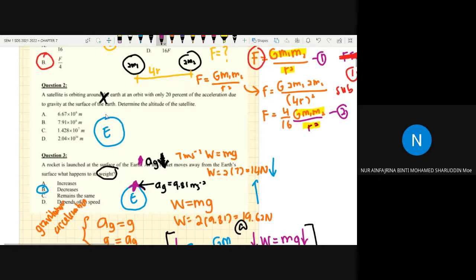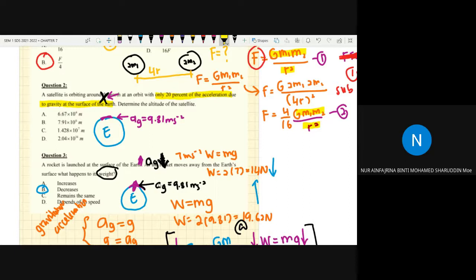Kita tahu kalau dekat surface of the Earth, a_g dia adalah 9.81 meter per second squared. Tetapi dekat sini, dekat mana satellite tu tengah orbit the Earth, dia cakap only 20% of the acceleration due to gravity at the surface of the Earth.